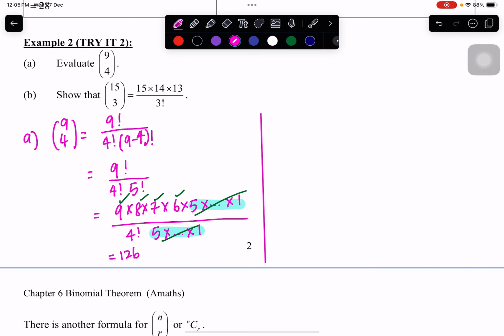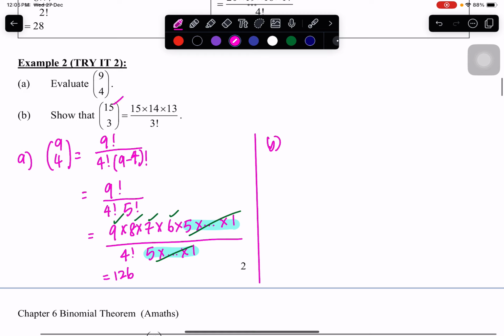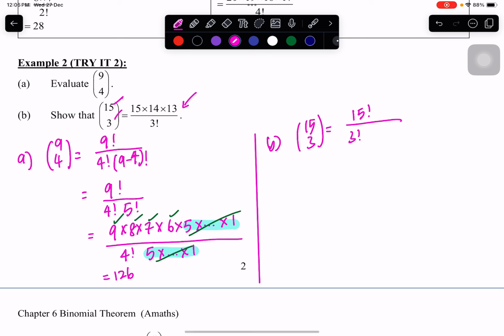Part B. Show that 15 choose 3 can be given to be this expression. So 15 choose 3, again 15 factorial over 3 factorial times 15 minus 3 factorial. That would be 15 factorial over 3 factorial times 12 factorial.